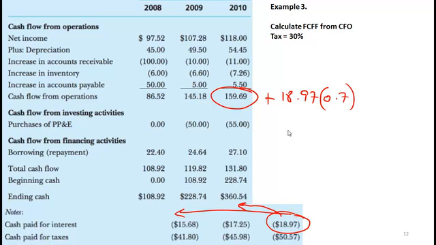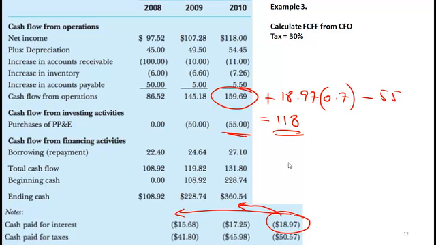And what else do you do? You subtract the purchases of property, plant and equipment, which is 55. Subtract 55 and the answer that you should get is about 118, which is what we saw earlier.